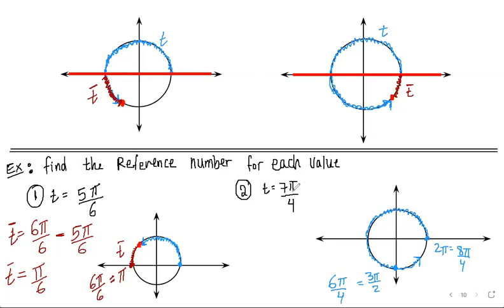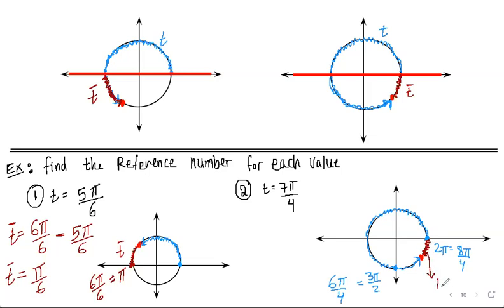So 7 pi over 4 will be between this point and this point. So my terminal point is here. Now the smallest distance between the terminal point and the x-axis is this.